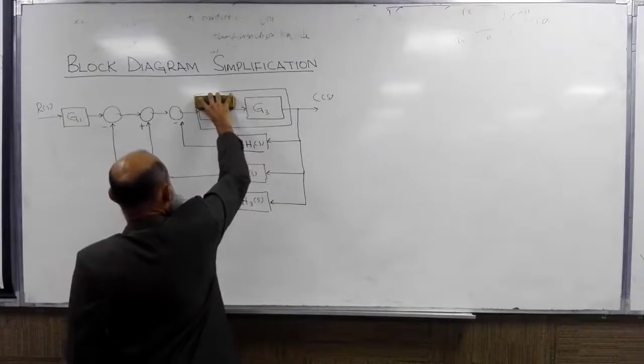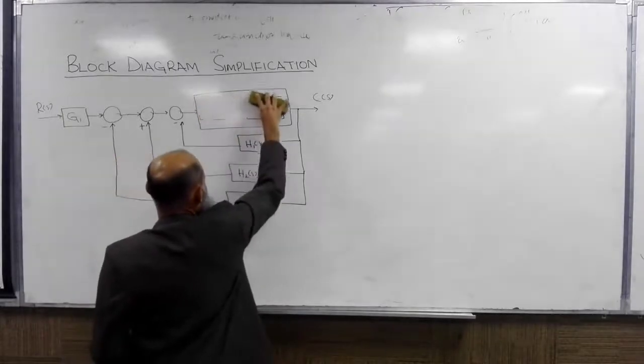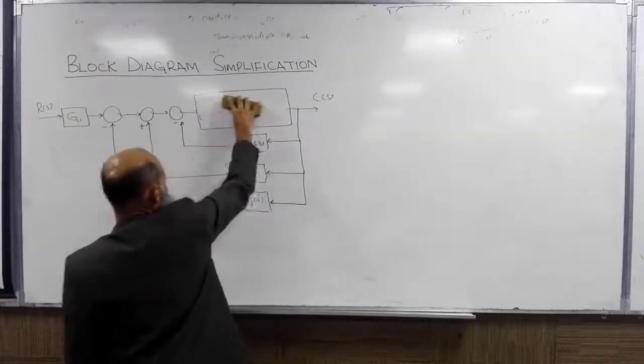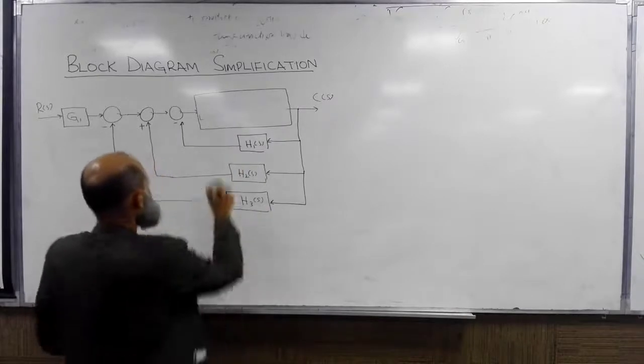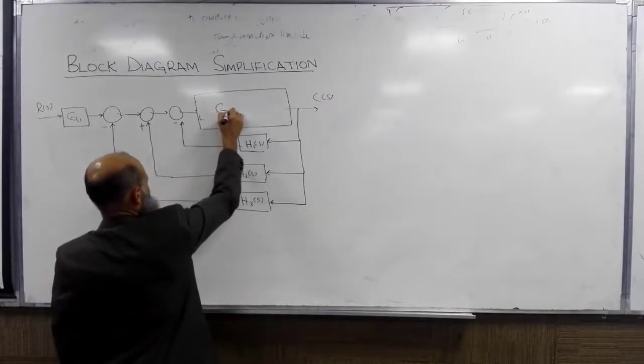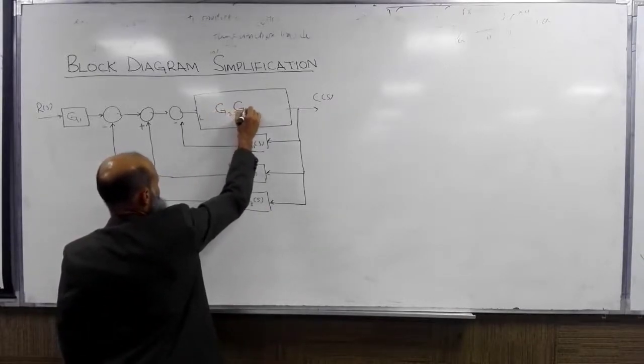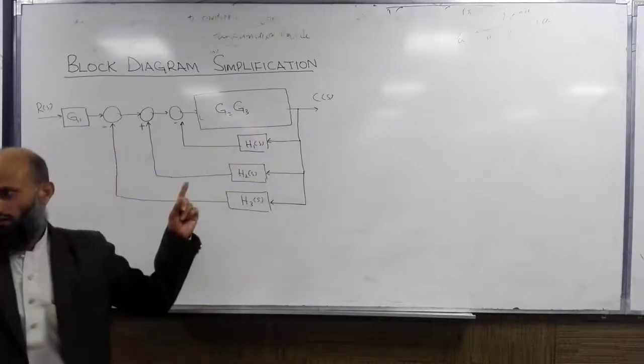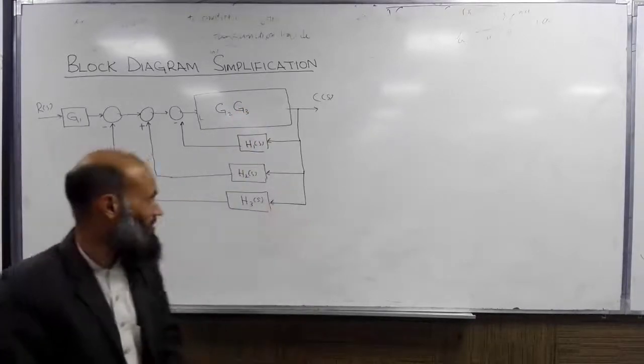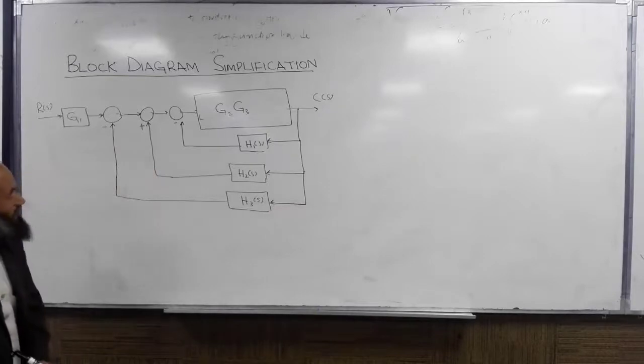That is, inside this block we can write G2 multiplied by G3. The argument is S, which is omitted over here. Then what?